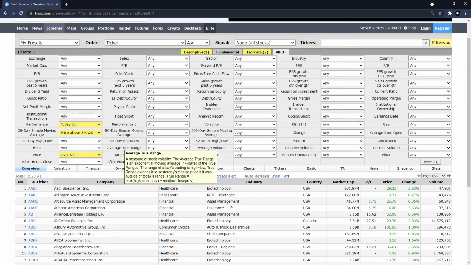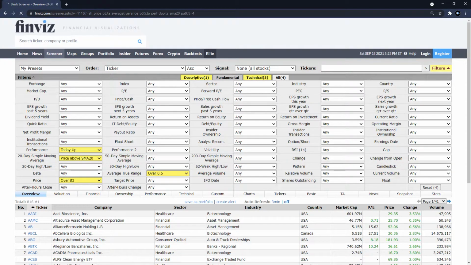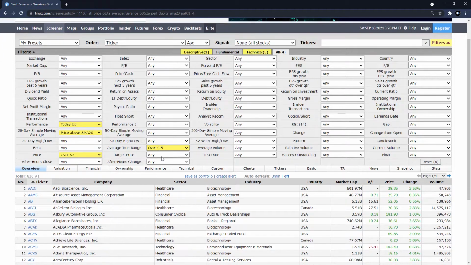So what do we want to fill right here? We're going to be looking for it to be over 0.25, or like a half. You feel me? We're going to be left with only over 0.5.